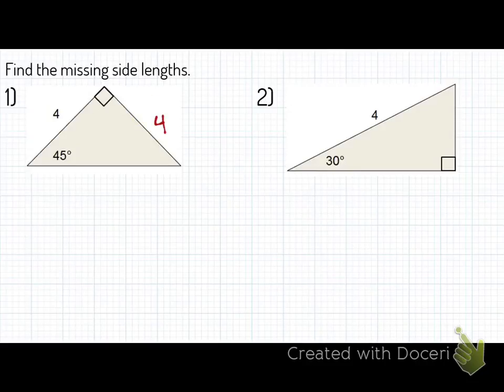Now what I want to do is take the leg, 4, times the square root of 2. Then we get 4 square root of 2. And that should be our final answer right there.